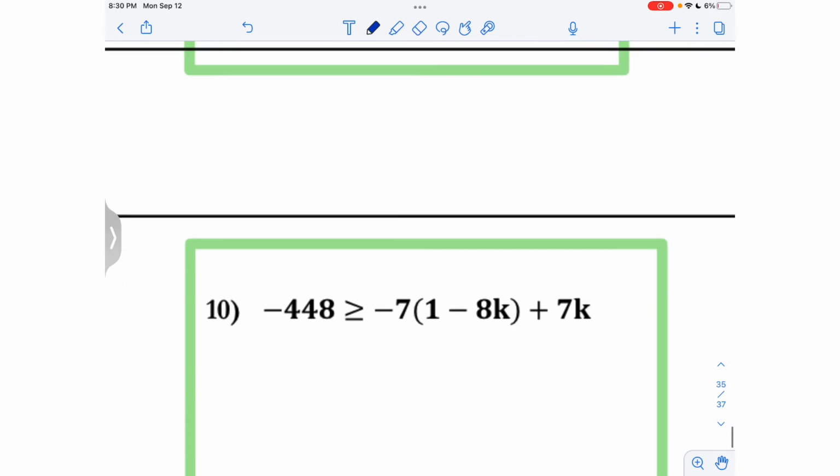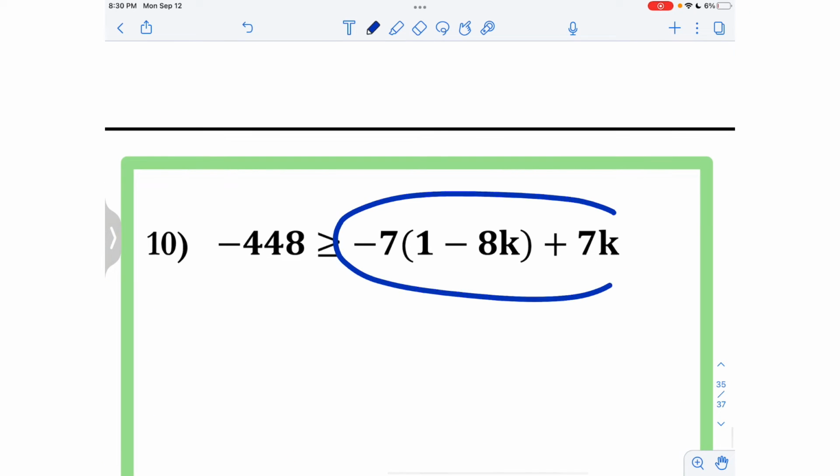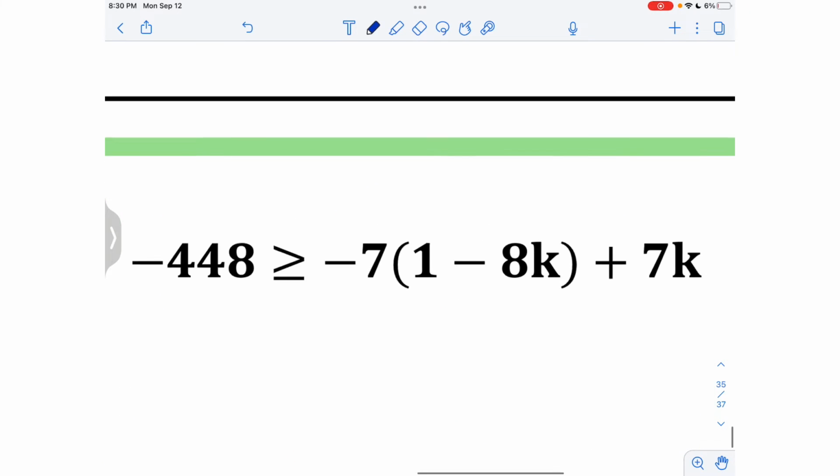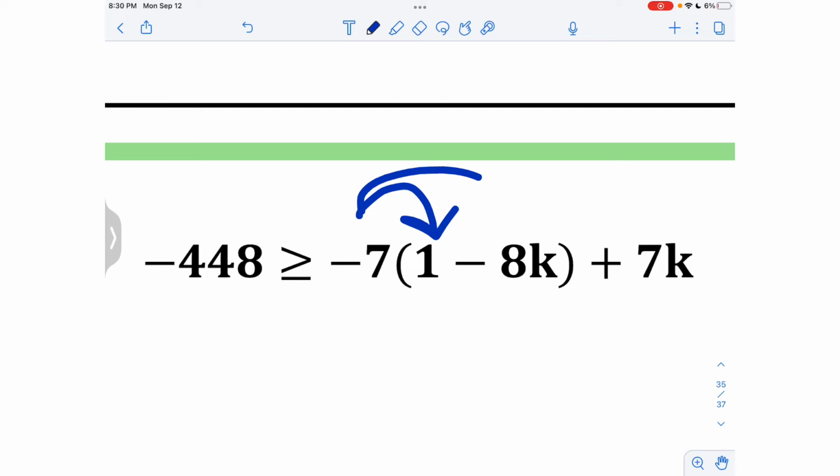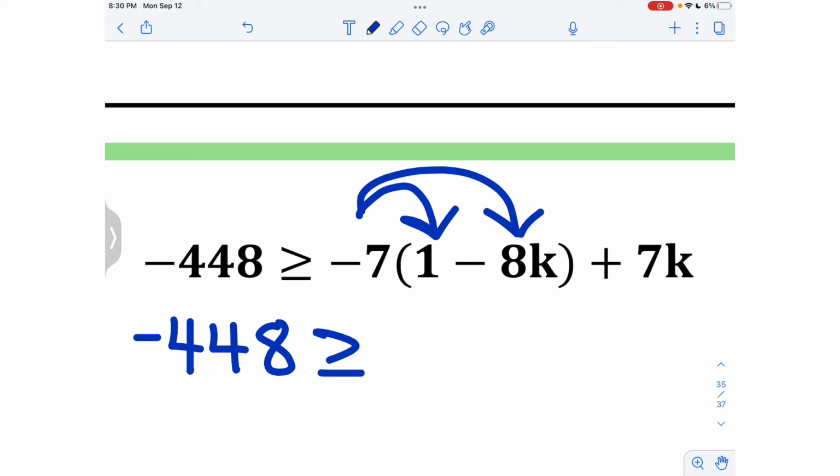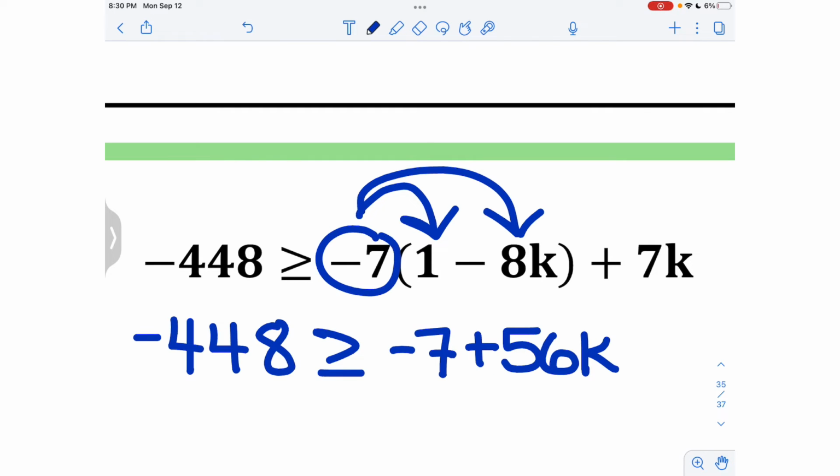Okay, number 10. That K is on the wrong side. The letter's on the wrong side. So here's how I would solve this one. Negative 448 is greater than or equal to, let's see, we got negative 7 plus 56K. The reason it's a plus is because a negative times a negative is positive.